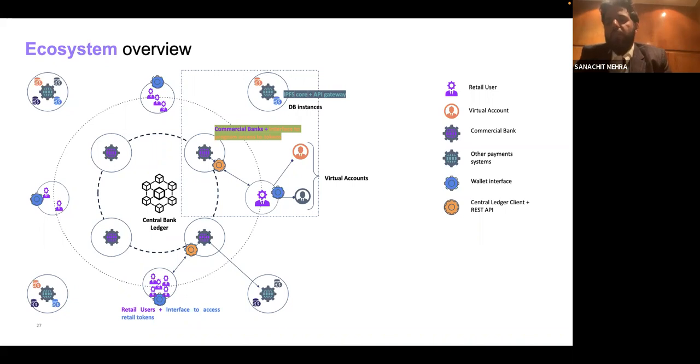And it's also quite possible, and this is the interesting bit, that these wallets could end up exposing REST APIs, or even the capability of attaching multiple virtual accounts against each, which means that as an end user, you might be able to switch identities every single time you transact. And that's very similar to how people have been using cryptocurrencies as well for a fairly long time. Next slide, please.